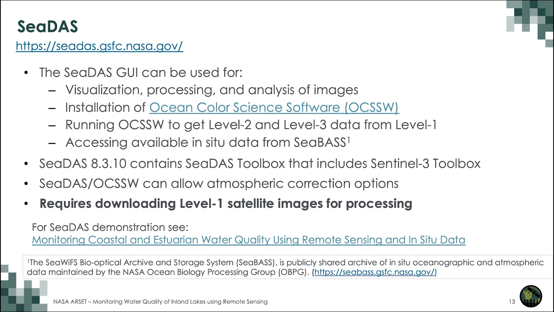CDAS OCSSW can allow atmospheric correction options. It requires downloading level 1 satellite images for processing. And you can look at this earlier webinar for a demonstration of CDAS and its features. But in this training, we focused on GEE because you're not downloading any data.